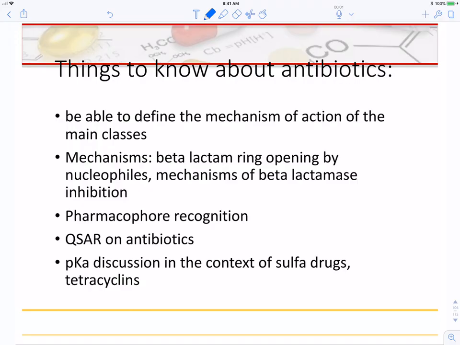So you should be able to pretty much recognize anything, and be able to assign classes of antibiotics to a given molecule, and that's true especially for beta-lactam antibiotics. We have done a little bit of QSAR, not much, but we have talked about things that improve the activity or prevent problems, especially with the beta-lactam antibiotics. And then I'd like you to be able to discuss the effect of pKa, basically with sulfa drugs and tetracyclines.